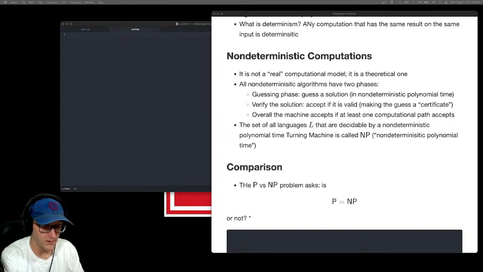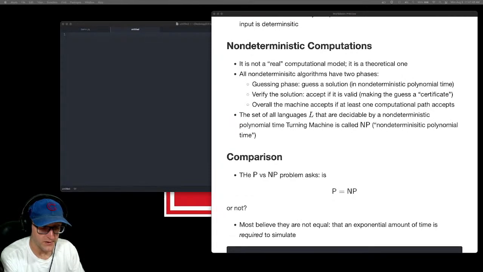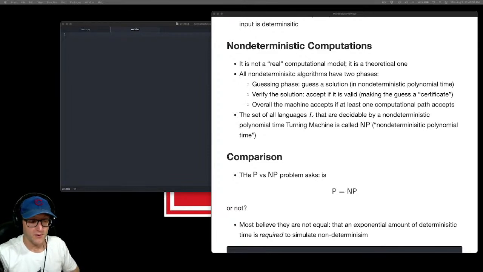Right? That an exponential amount of deterministic time is required to simulate non-determinism.